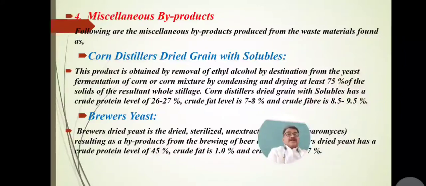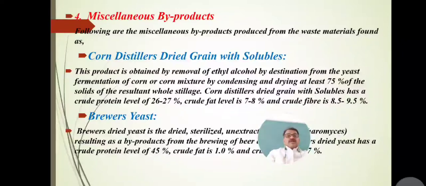Corn distilleries dried grain with solubles has a crude protein level of 26 to 27%, crude fat of 7 to 8%, and crude fiber of 8.5 to 9.5%.